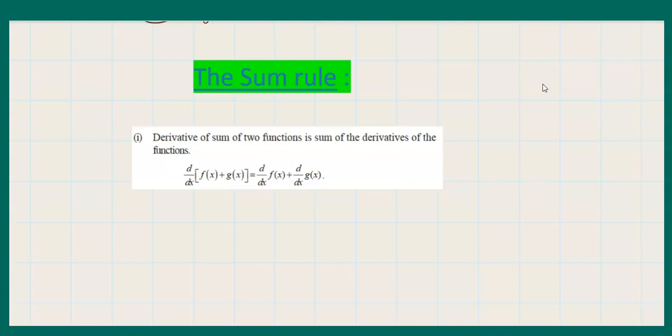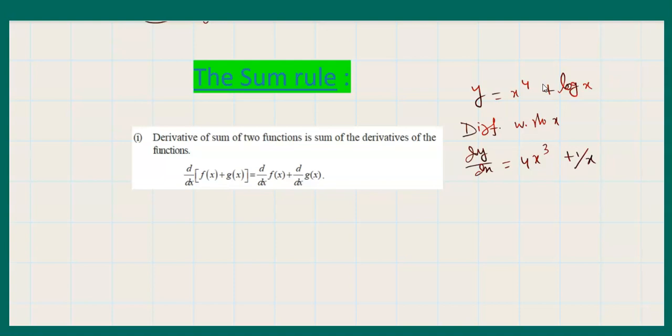For example, suppose y equal to x to the power 4 plus log x given, and you are supposed to find the differentiation, dy by dx. So you just write differentiating with respect to x, dy by dx going to be 4x cube plus 1 by x.